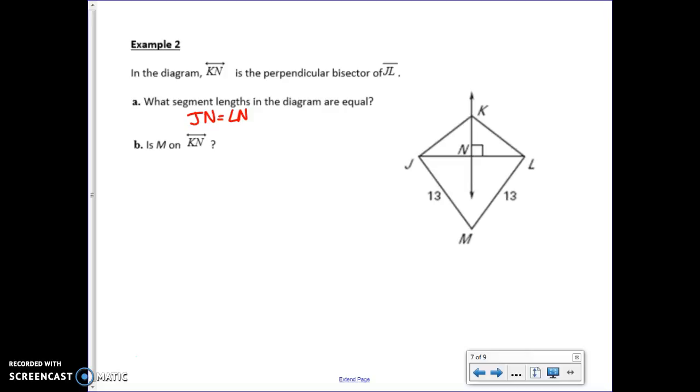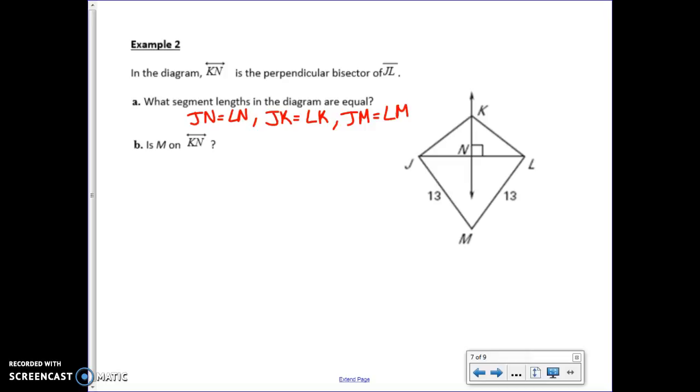We also know then that the segments going up to point K should be equal to each other. So JK would be equal to LK. We also see from the picture that JM is equal to LM.